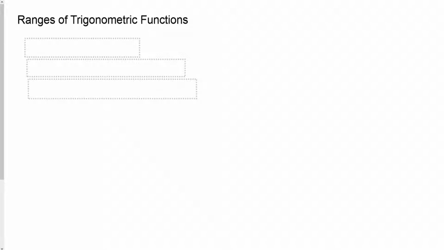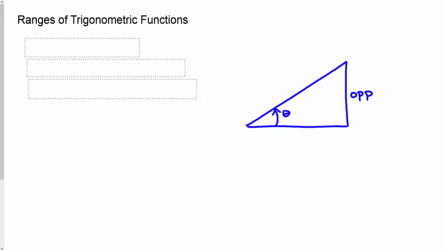All right, now let's talk about the ranges of trig functions. When it comes to defining sine and cosine, if you have a right triangle and an observed angle theta, this would be my opposite side, this would be my adjacent side, and this would be my hypotenuse.